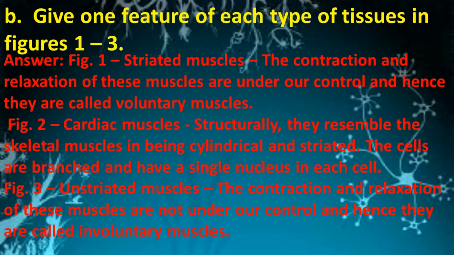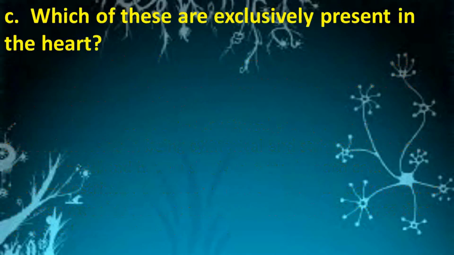Structurally, they resemble the skeletal muscle in being cylindrical and striated. The cells are branched and have a single nucleus in each cell. Figure 3, unstriated muscles. The contraction and relaxation of these muscles are not under our control, and hence they are called involuntary muscles.